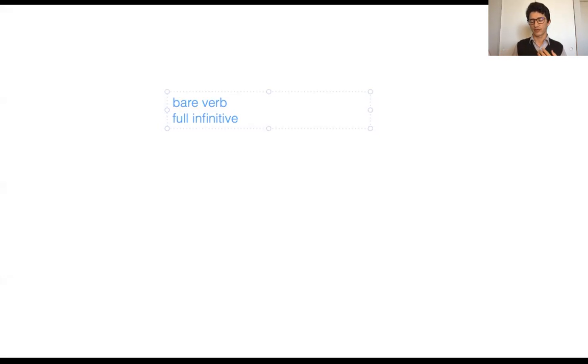There is no second form, no ing form, no third form of the verb. There is only the verb without s, es, d, ed, ing. It's called the bare verb. And what is the full infinitive? When we use "to" before the verb. The bare verb is like "speak", and the full infinitive is "to speak".